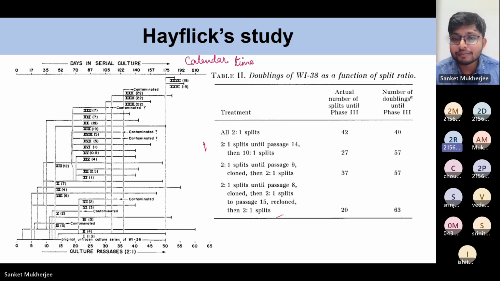Sir, I don't know whether I'm correct, but it might be due to the fact that one very basic difference between normal cells and cancerous cells is the telomerase activity. When a cell is dividing, some part of the DNA is lost because DNA polymerase cannot polymerize in the 3' to 5' direction. So some part of the DNA is lost in every replication cycle, and hence in every cell cycle.